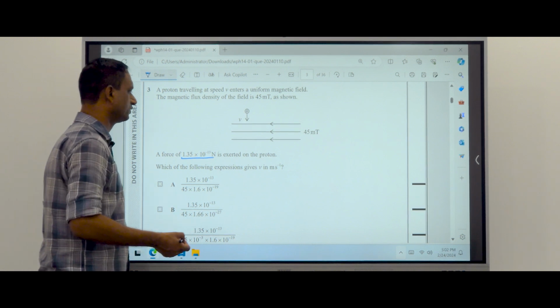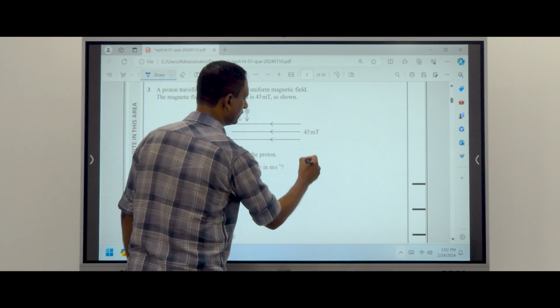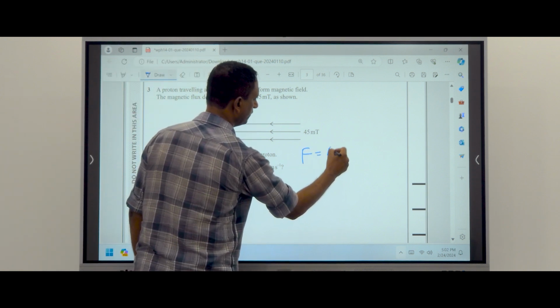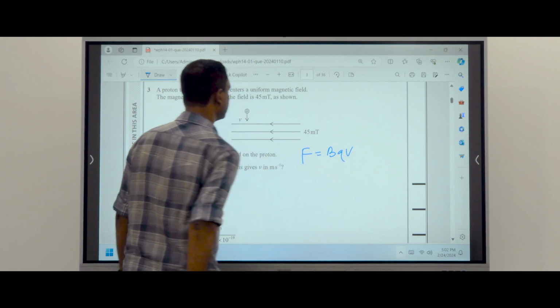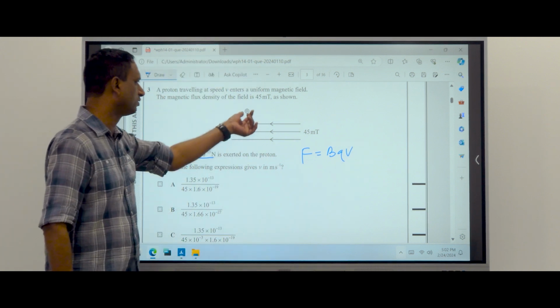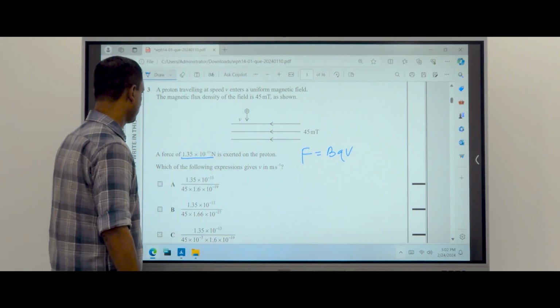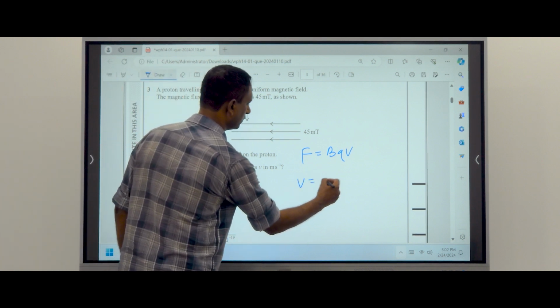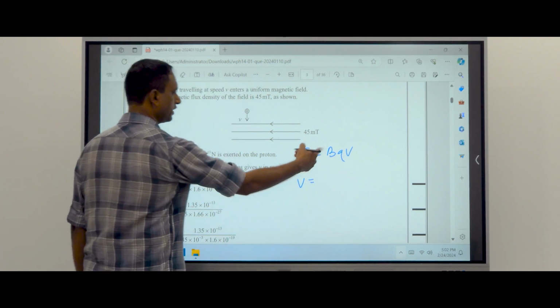Which of the following gives velocity? The equation is force equals BQV. Sin theta comes when the angle is not 90 degrees. Then velocity is equal to force divided by BQ.